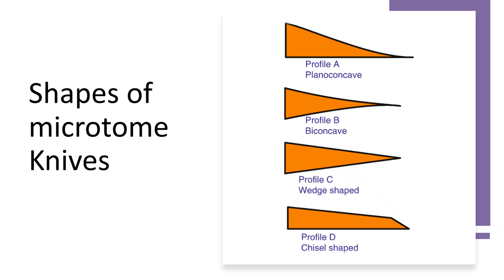The first one is profile A or plano concave microtome knife. The second is profile B or biconcave knife, profile C is wedge shape, and profile D is chisel shape microtome knives. So these are various microtome knives which were previously used for sectioning.